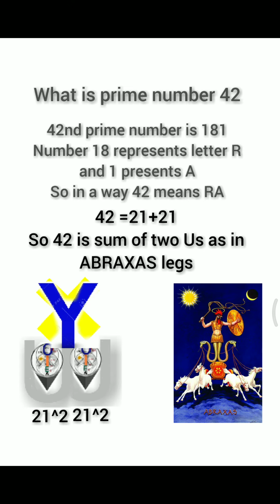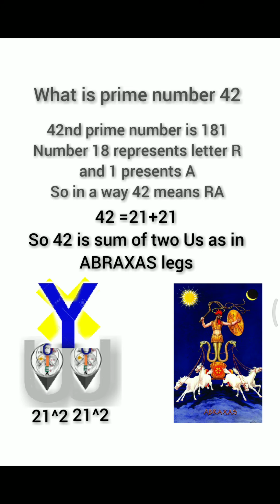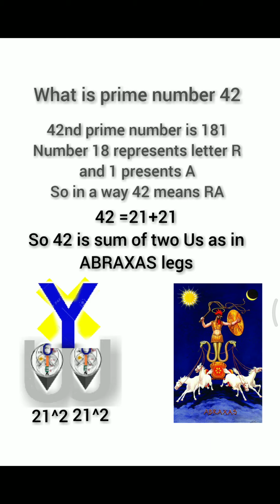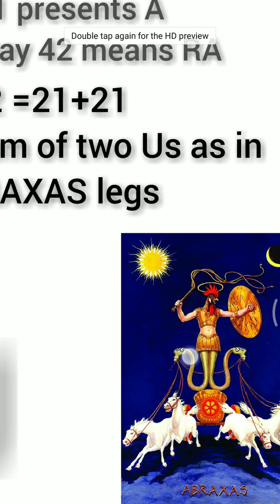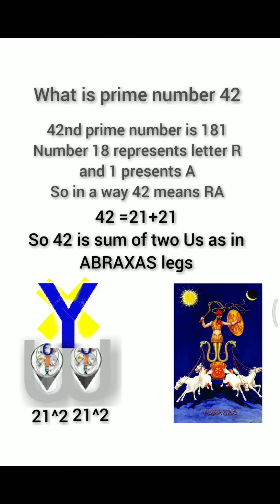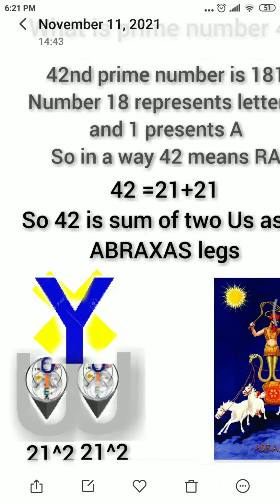He is the Ra of this whole region. 21 plus 21, that is basically, you see, 42 is the sum of 2 U's, as in ABRAXAS legs. ABRAXAS has these 2 legs, right? Those 2 legs are nothing but 2 U's, and this whole combined thing is 42, so Ra rules over this whole thing.